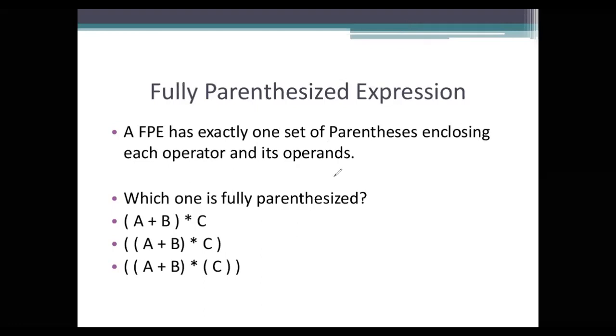So as I was saying, we have to find out which one is actually fully parenthesized, whether this one or this one. Normally this one looks like the perfect one, because there should not be any bracket before C, but sometimes you can also use the other. Between these two you might get confused.